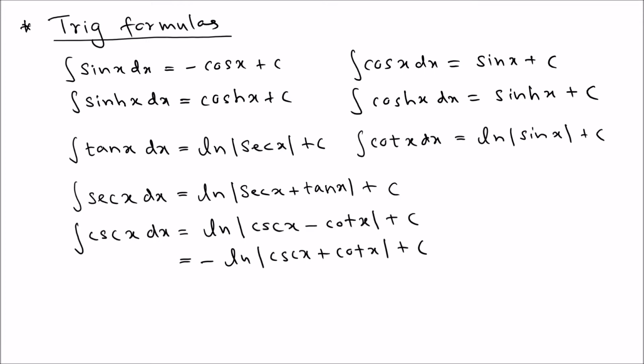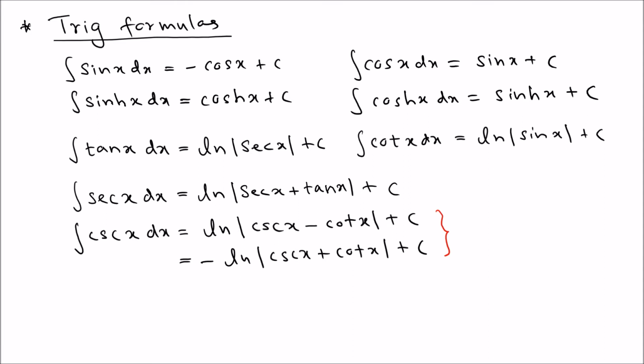Secant x dx equals ln of secant x plus tan x, plus c. And then cosecant x has two formulas. One is ln of cosecant x minus cotangent x plus c. Or you can put the negative sign outside: minus ln of cosecant x plus cotangent x. So there are two formulas, one with the negative sign inside, one outside.